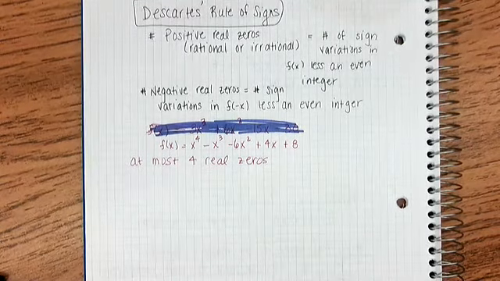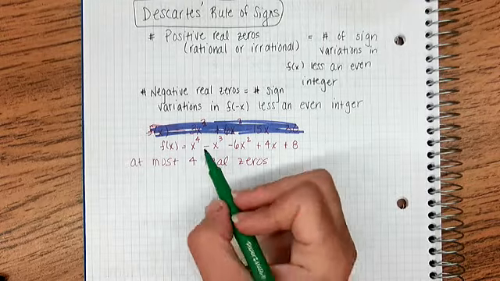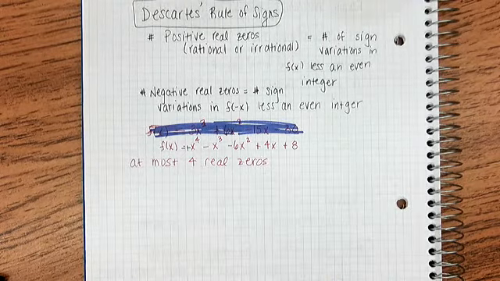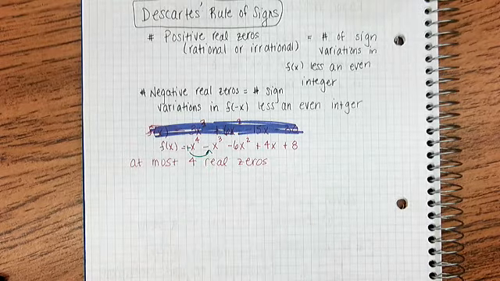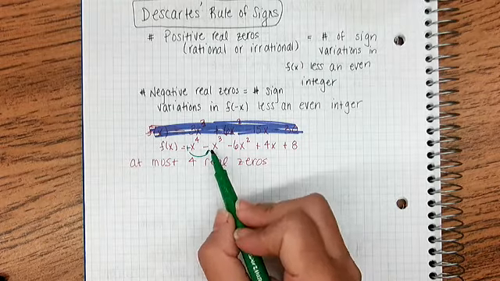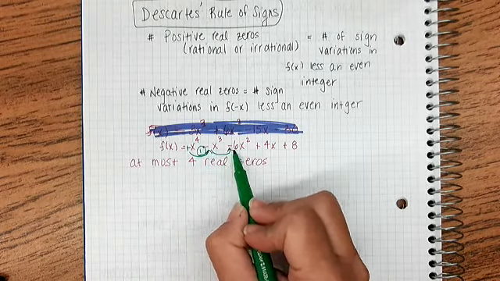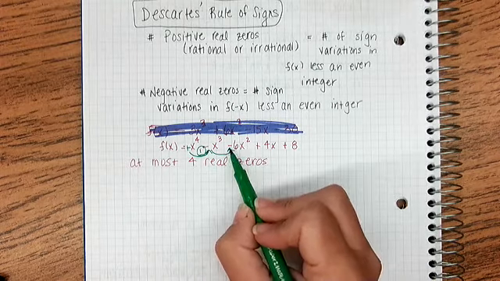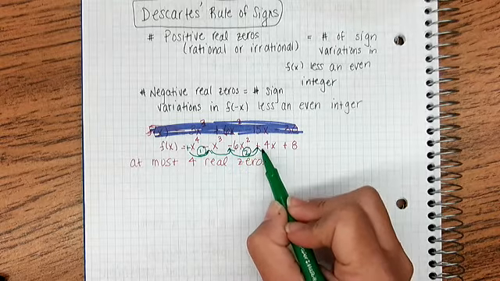Okay, now we're going to look at this sign change business. Positive x to the fourth. Positive to negative, that's one sign change. Negative to negative, that's not a sign change. Negative to positive, that's a second sign change.